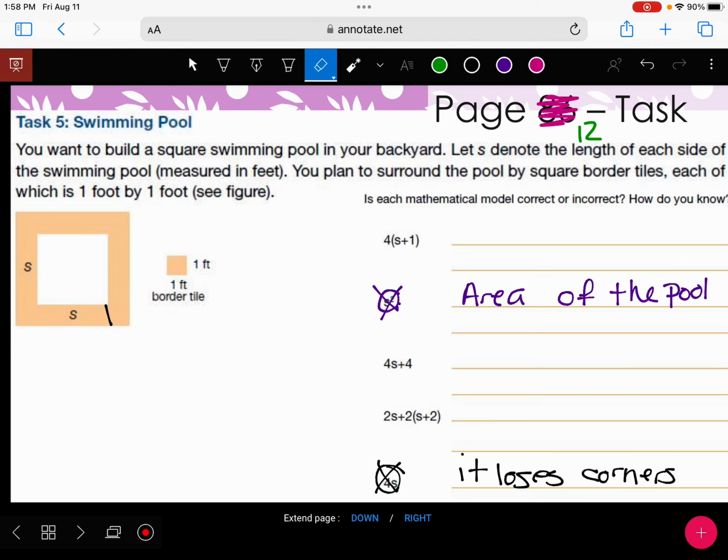So what do we need to do to make that be better? What do we need to add in? +4. So this guy, for sure, that makes 4S + 4. So that one works. Oh, that feels better, right? Is that the only one that works though?